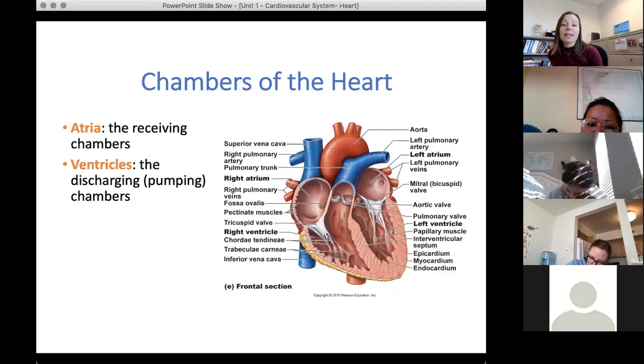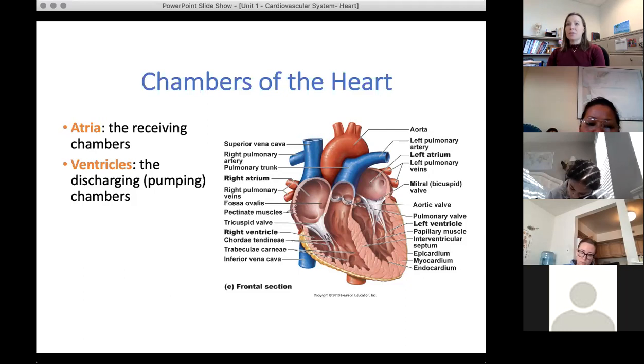On the other side is the bicuspid valve. So just to make things even more confusing, it also has another name. It's also called the mitral valve. But typically for me, I use the cuspid name, so I say tricuspid and bicuspid. But just in case you see mitral valve, that is also the bicuspid valve. It's the same thing.